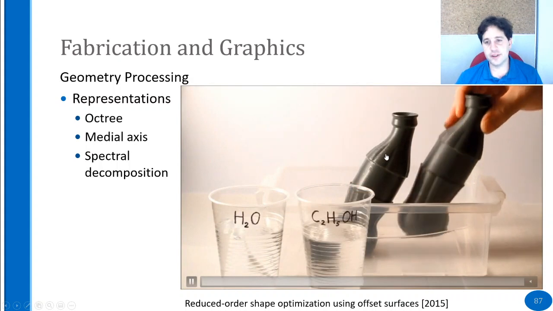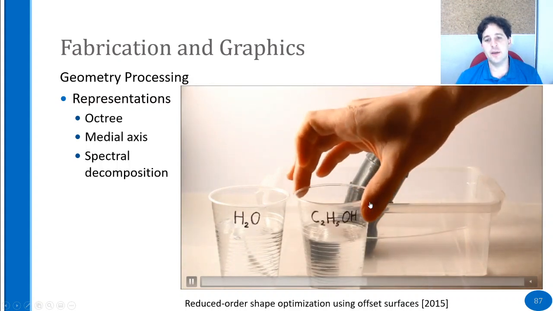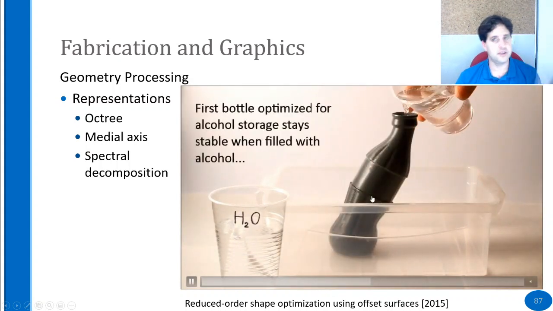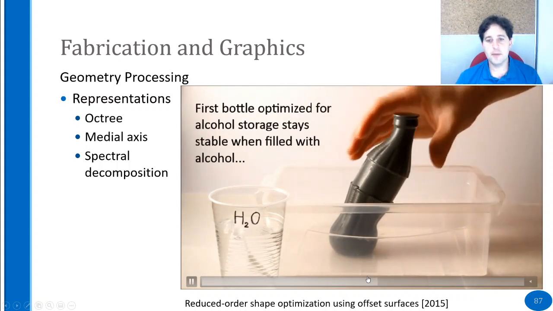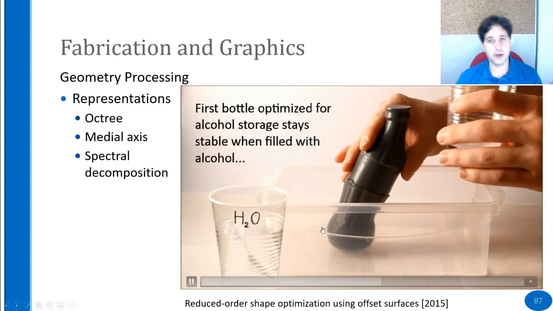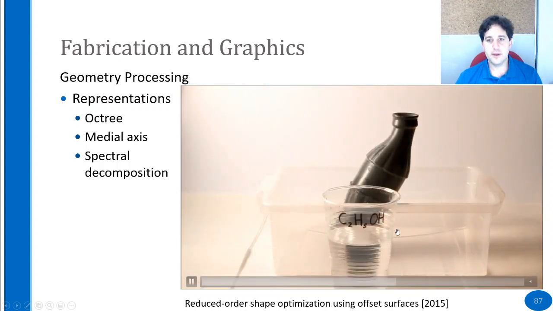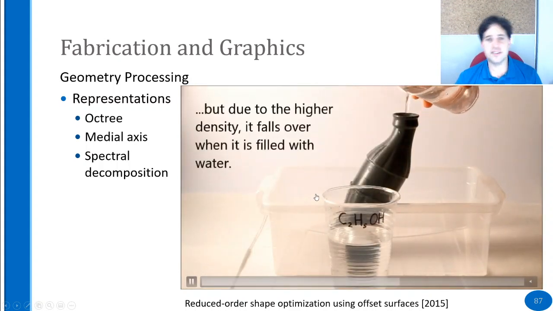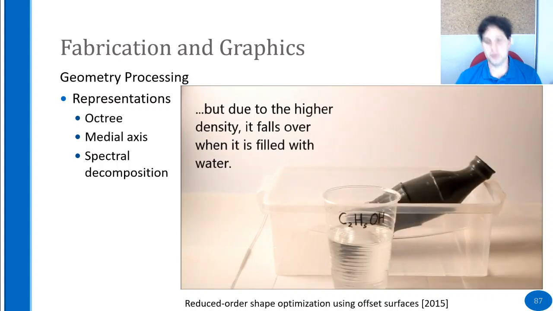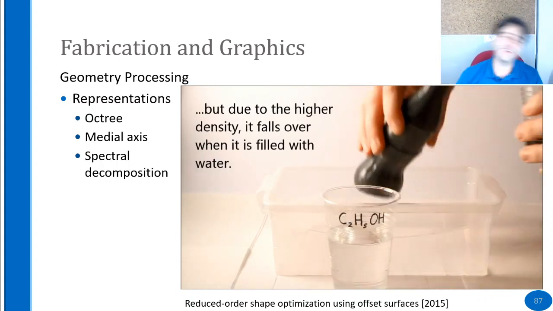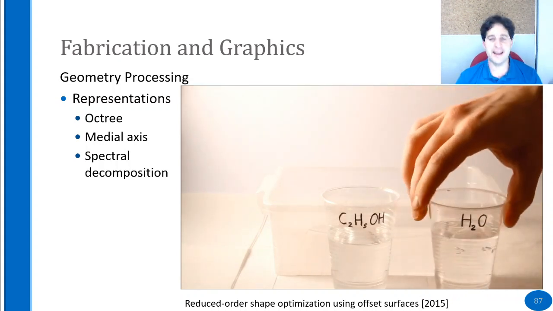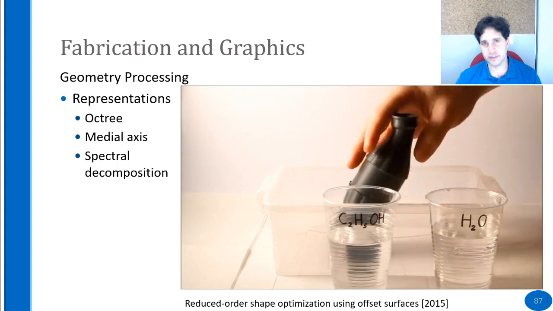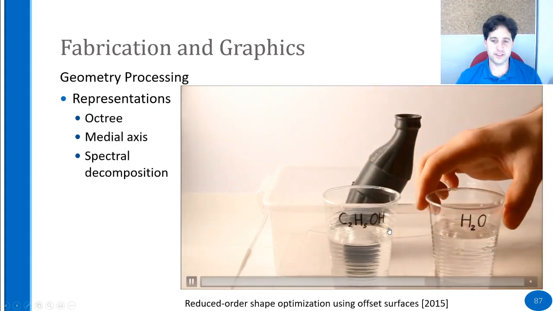And here they show that they printed two bottles that externally look exactly the same, but one of them is stable when filled with alcohol but falls when filled with water. And the other bottle is exactly the opposite. It will fall when filled with alcohol and is stable when filled with water. And their joke is that, well, you can take this bottle to a bar and see if you've been had when given an alcoholic drink, if it has enough alcoholic percentage in it.